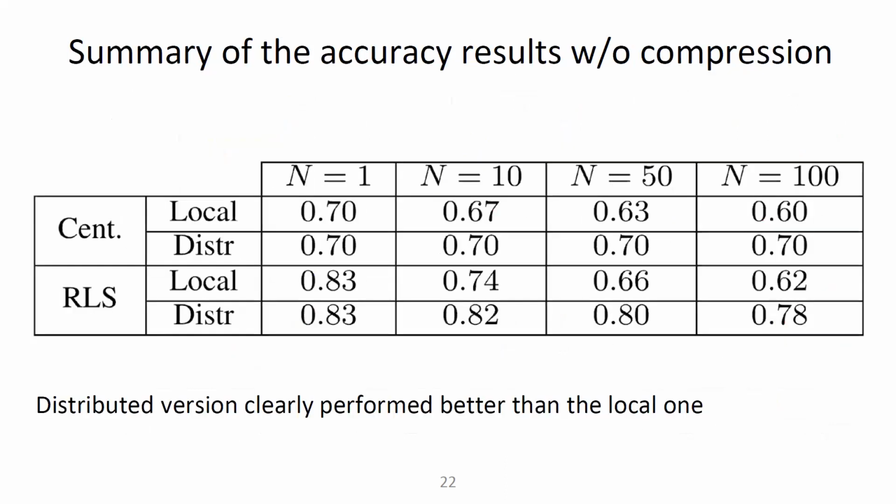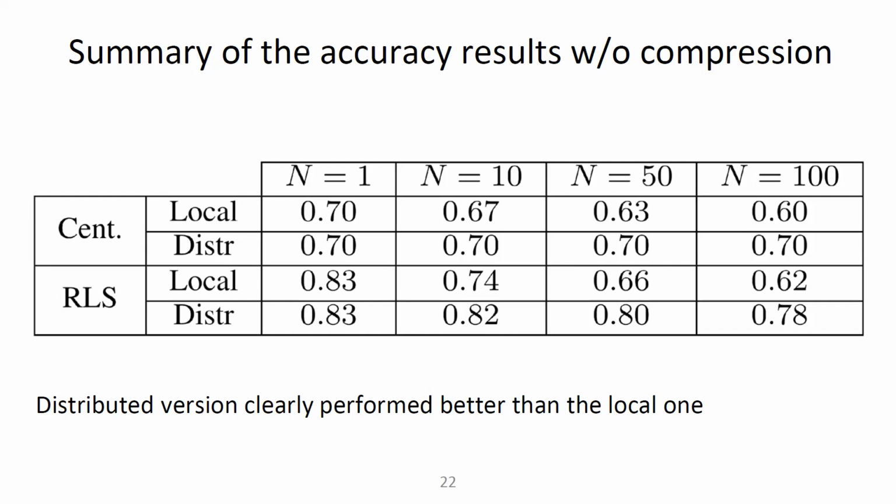And this can also be seen from this summary table of the results without compression, in which we can see the mean accuracy. We can also see that the relative improvement of the distributed version over the corresponding local version is increasing with n. So this is a further proof that our distributed approach works better when there are more agents in the network, even if the local datasets are shrinking in dimension.